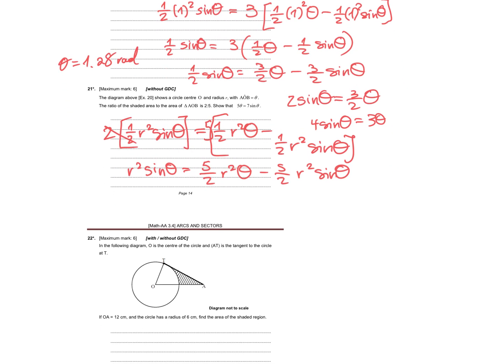And when you add that 5/2 r squared sine theta over, we're going to have 7/2 r squared sine theta equals 5/2 r squared theta, and then just multiply through by 2, and we can divide by r squared. So we're going to have 7 sine theta equals 5 theta.